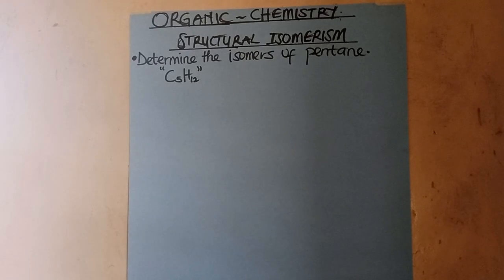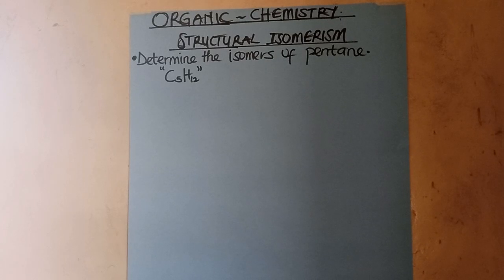Now, how do we start? There are some protocols you need to follow in isomerism. To determine the isomer of an organic compound is very simple, especially when it comes to aliphatic compounds, such as alkane, alkene, alkyne, and others.